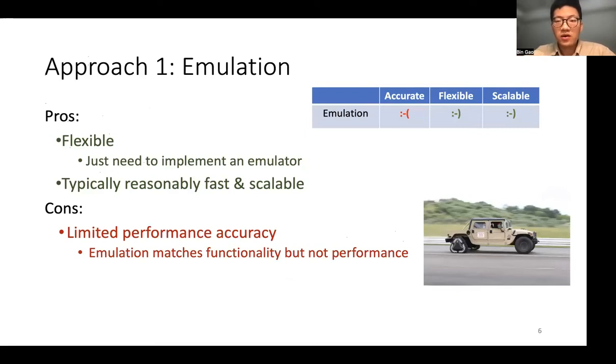For example, emulating remote memory hardware through software page fault handlers. Emulation is flexible and often reasonably fast. However, emulators do not match the performance of the envisioned hardware. Typically, the performance of a critical part of the emulation is much slower than it would be in hardware.